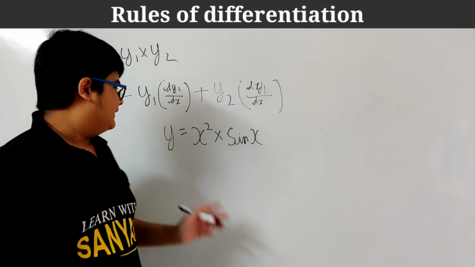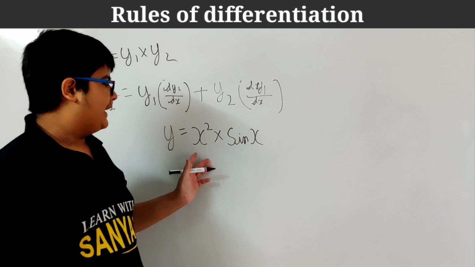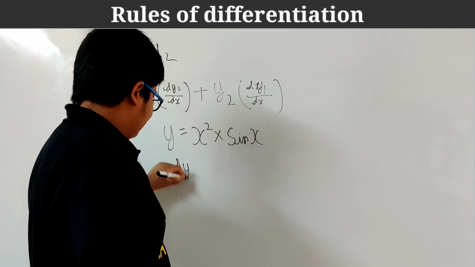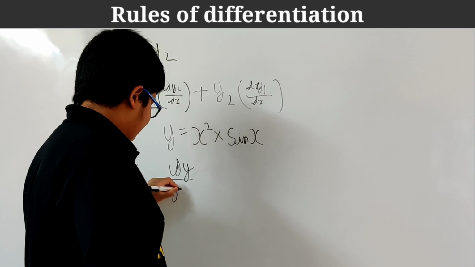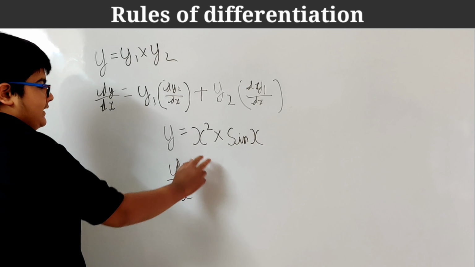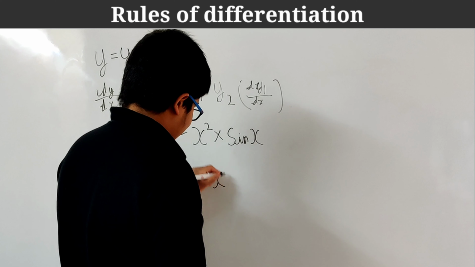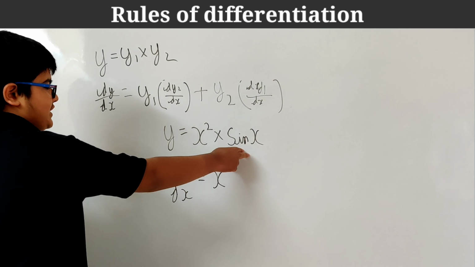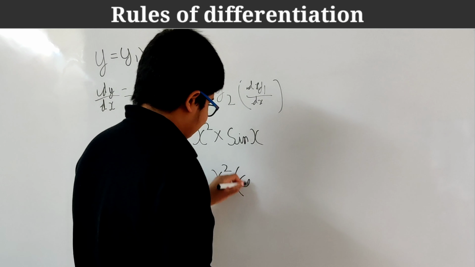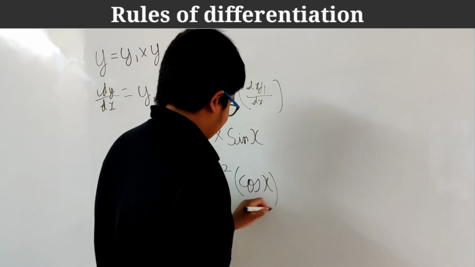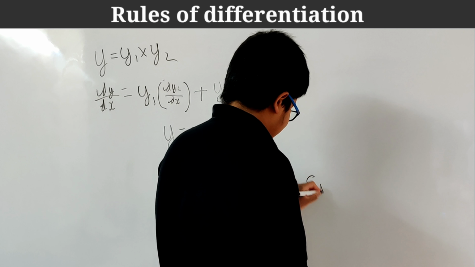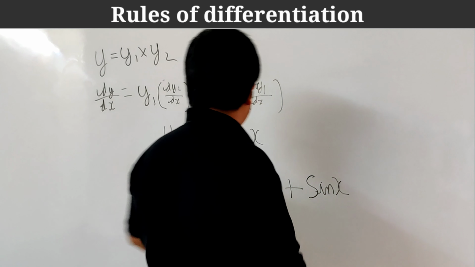Let's say we have to find y is equal to x square into sin x, and we have to find dy upon dx. So we will just apply the product rule. First we take the first function x square and differentiate the second. So differentiation of sin x is cos x, plus take the second function sin x and differentiate the first.